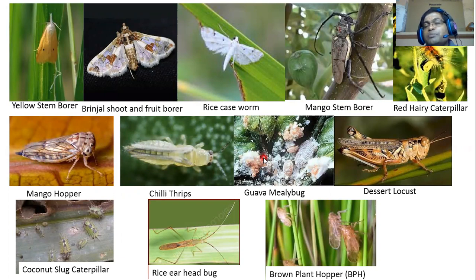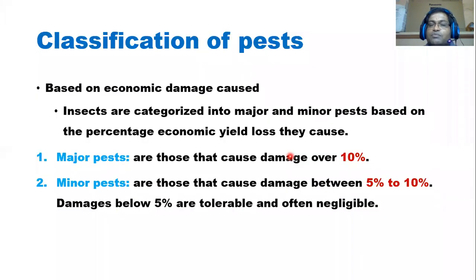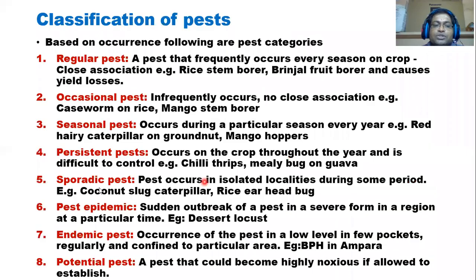This is not much of a problem here, but in southern India it is a very big problem. Big acreages of guava orchards are attacked by these mealybugs. If you are cultivating continuously, there is not too much loss, but continuously this pest will be there and cause damage. So this is called a persistent pest.